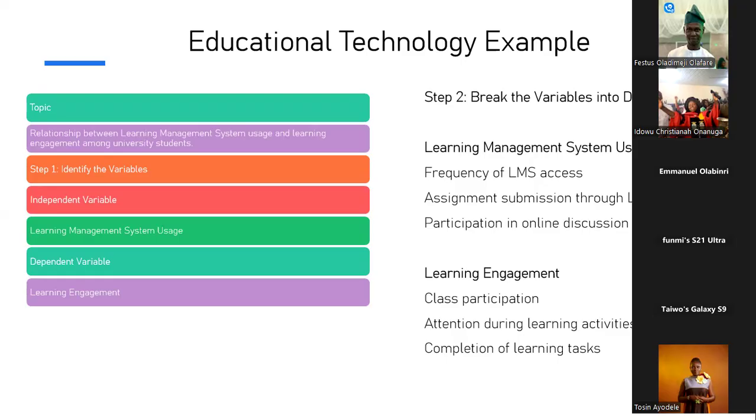Sir, I want to get something right, please. Okay, go ahead, ma'am. I may be wrong, but I want you to correct me. I believe that in this topic that we are looking at, learning management system usage, as mentioned earlier, is an independent variable, which means it's standing alone. But learning engagement, as seen here, is depending on it.